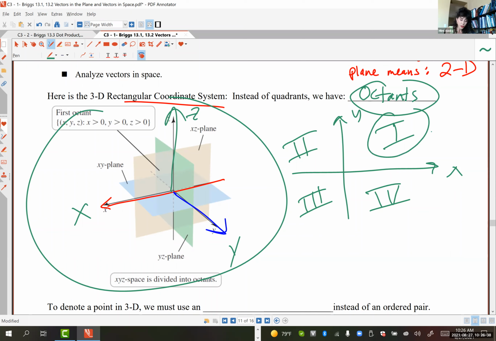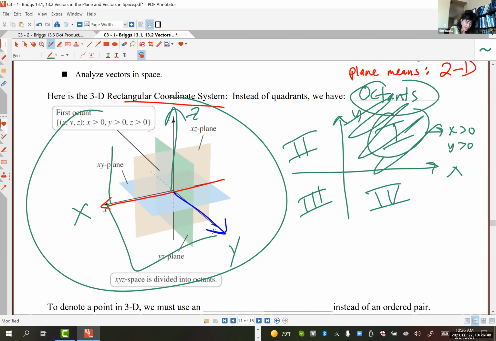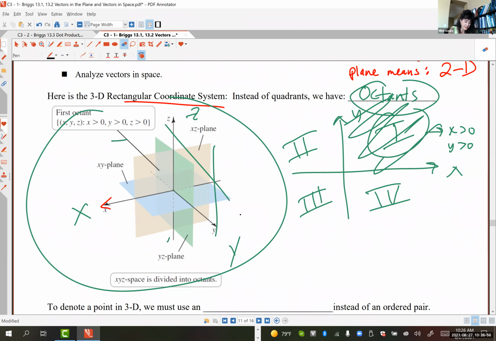You remember quadrant 1 is where both X and Y are positive. In octant 1, which is kind of coming out of the page here, it's right here. It's where your X, Y, and Z coordinates are all positive. That's the first octant. Great.